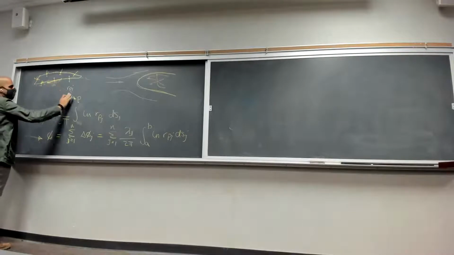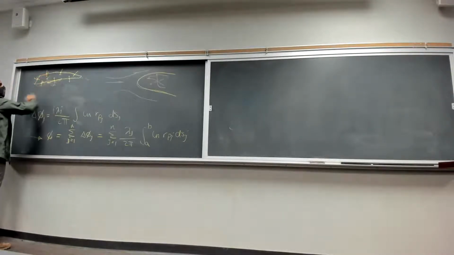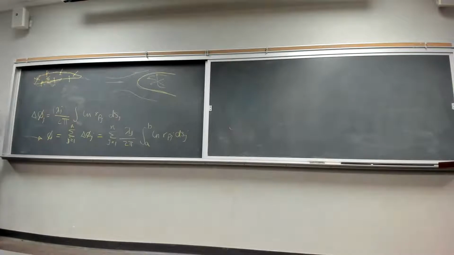So your R, instead of being R Pj, is going to be R of the velocity potential induced by J on I. So it's going to be R of IJ. That's the distance between the two center points of the panels. Does it make sense? Velocity potential induced by this panel on this panel. Okay.